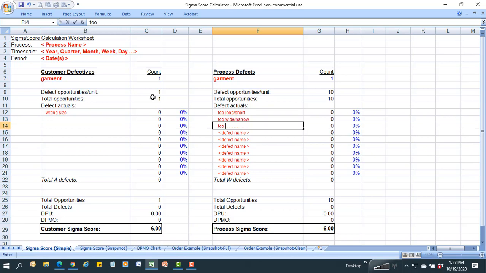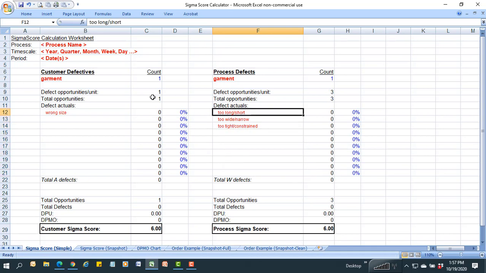Okay. Too tight or constrained. So inside the process, we may have a different list of defects that would cause all those things to happen. So each of these things is something that could be wrong at the same time in the garment. On the customer side, all that determines that it doesn't fit them. It's the wrong size. But inside the process, it could be very, very different than that.